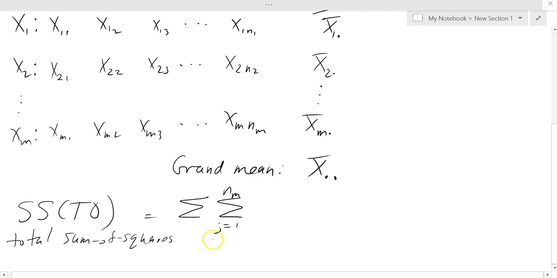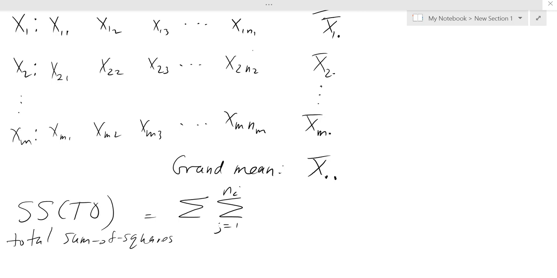So that's what the sum from j equals 1 to n sub i means, sorry, that's not an m, that's an i. The inside sum means we're running across each of the categories. So we're going across category 1, category 2, and so on down the line, okay? So that's what the j is referring to.